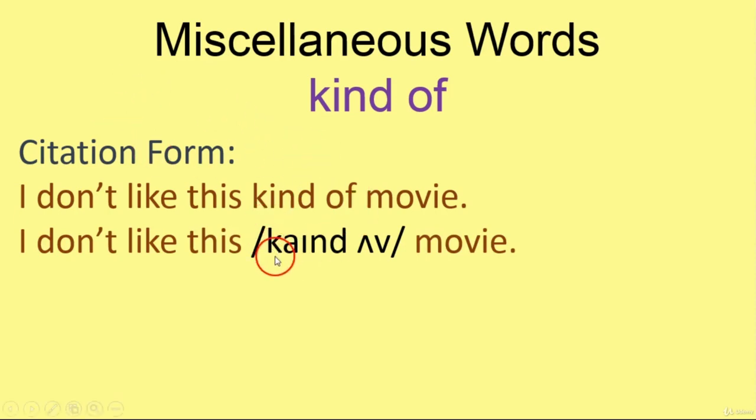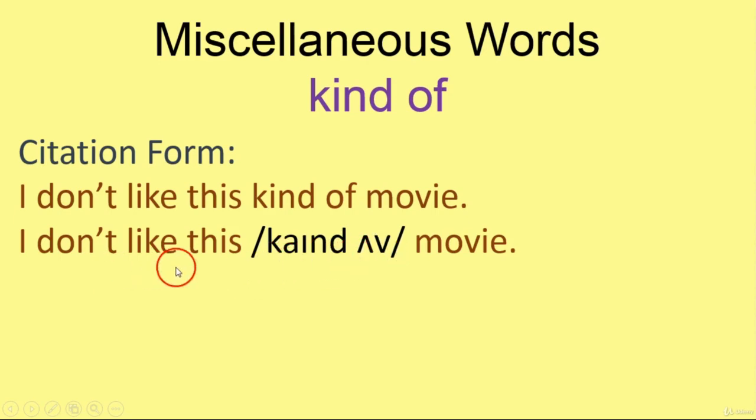In IPA, we have the letter K to sound like K. The A and the capital I give the sound I, and then we have ND. The upside down V, if you remember, sounds like uh, and then we have the letter V to make of.